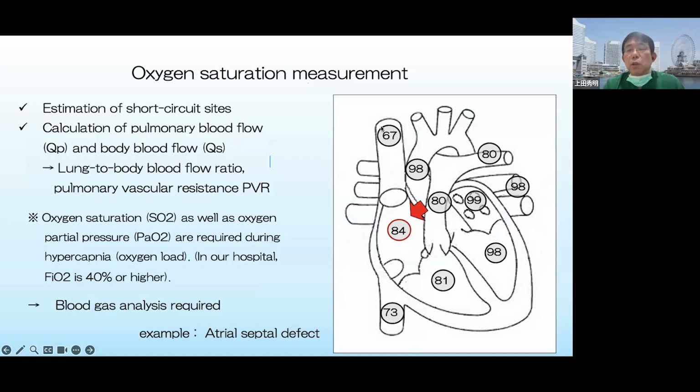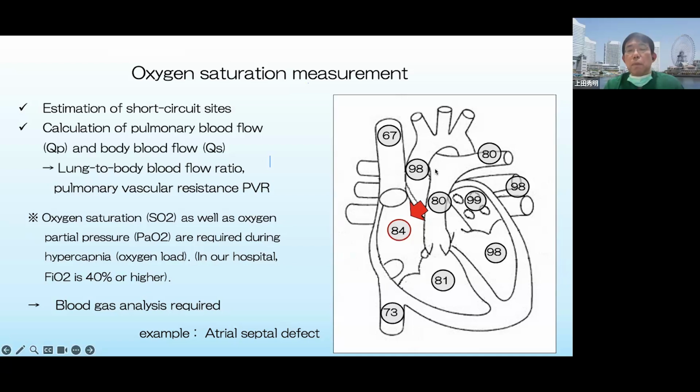The SVC saturation is 67 and the IVC saturation is 73, which means that in some part of the ASD, shunt flow will enter the IVC, which is higher than the SVC saturation. And those are mixed, so it should be around maybe 84.